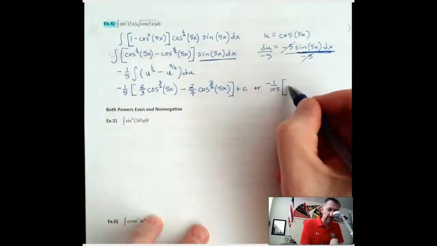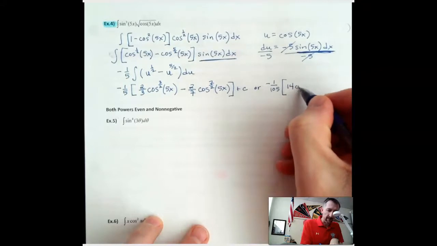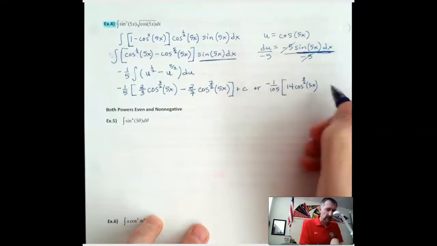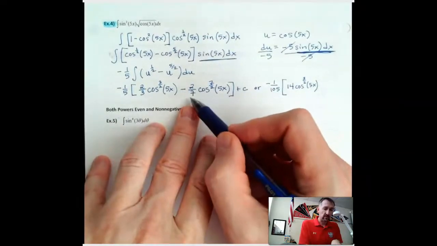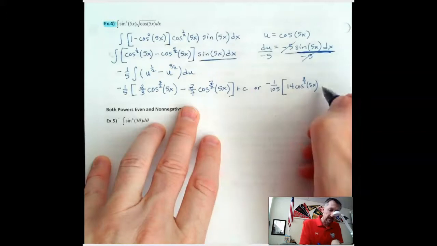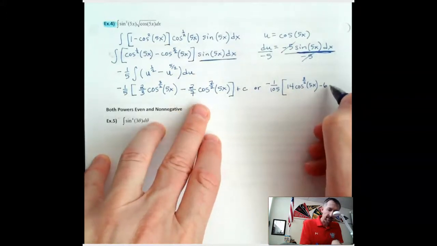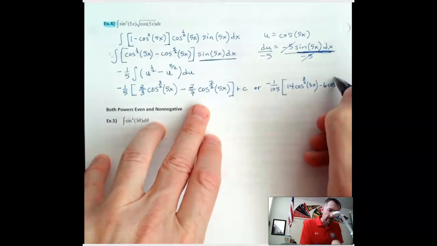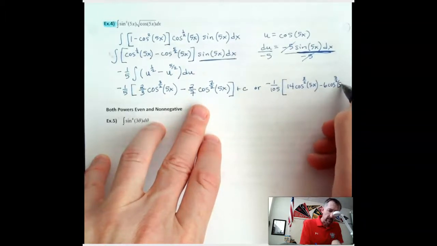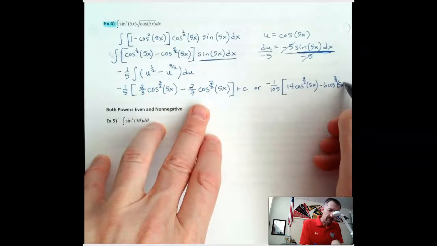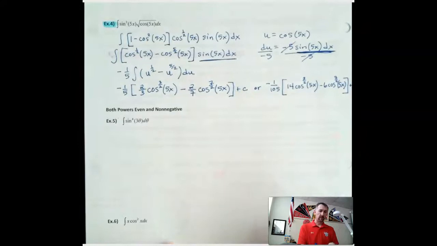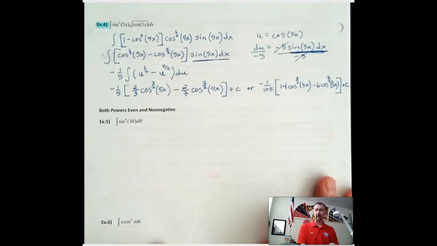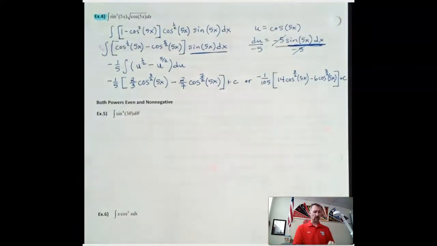So 7 times 2 is 14. And then here, 21 over 7 is 3. So that's going to be minus 6. Running out of room here. Okay. There you go. All right.